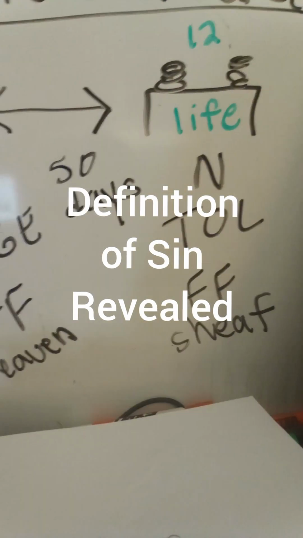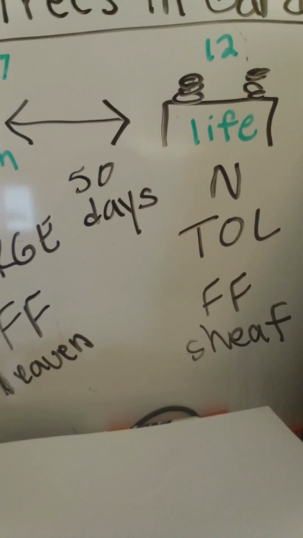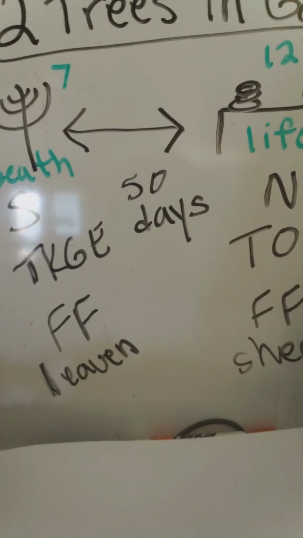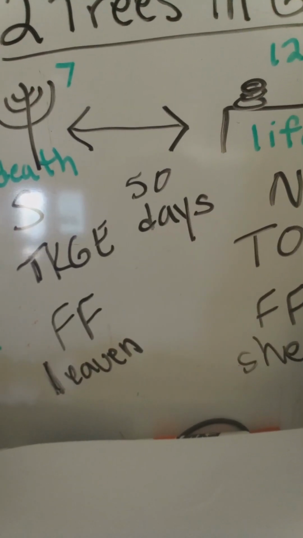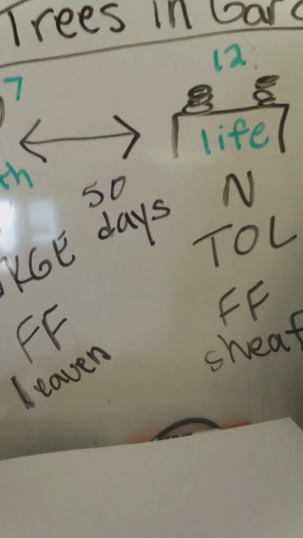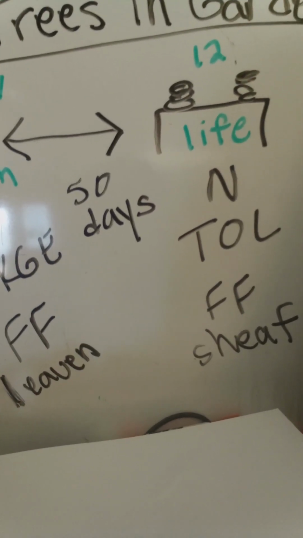So we have life here, death here. And both of these feasts are harvest feasts. And they are separated by 50 days because you count the Omer, and they don't have a specific date. They're Moedim, but they don't have a specific date as the other feasts do.